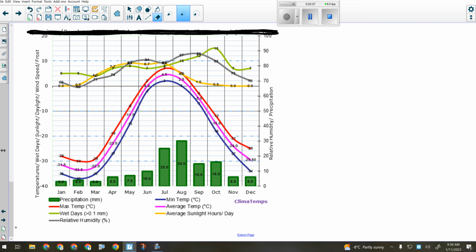That's the wettest month right there. Also pretty dry, and I'd say the bulk of it would fall as snow. Those are the kind of things you want to include when you're interpreting the climate graph on the exam. Okay, all right, making sense?